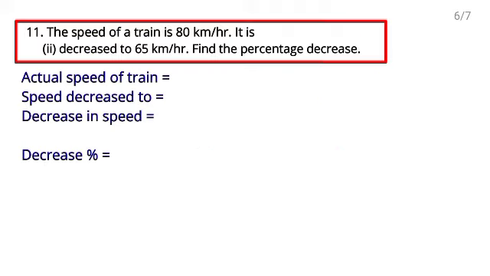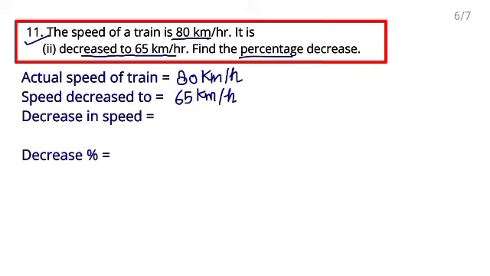Now the next part of question number 11. The speed of a train is this. Actual speed is again 80 kilometer per hour, decreased to 65 kilometer per hour. In the previous part it was increased. Now this is decreased to 65 kilometer per hour.